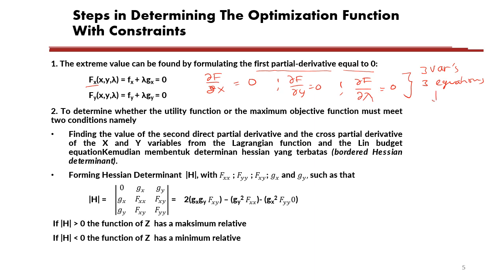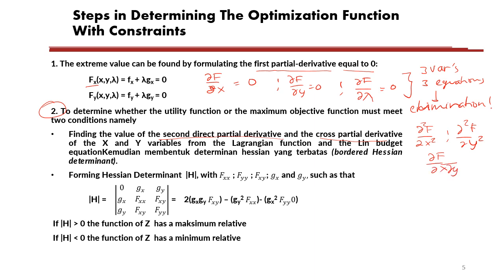So we have to use some elimination or substitution. All right, then after we find the points, we have to determine whether the utility function or the objective function is a maximum, and it must meet two conditions. First of all, we have to find the second direct partial derivatives and also the cross partial derivative: dou quadrat f dou x quadrat, dou quadrat f dou y quadrat, and also dou f dou x dou y.